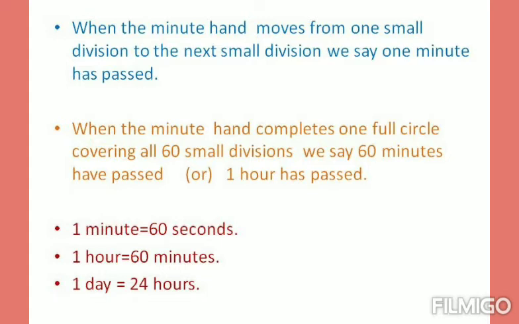So if it has covered 60 small divisions, then 60 minutes have passed. We know that 60 minutes refers to 1 hour. If the minute hand completes one full circle, we can say that 1 hour has passed.